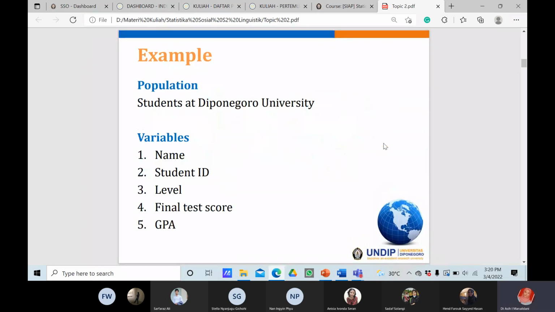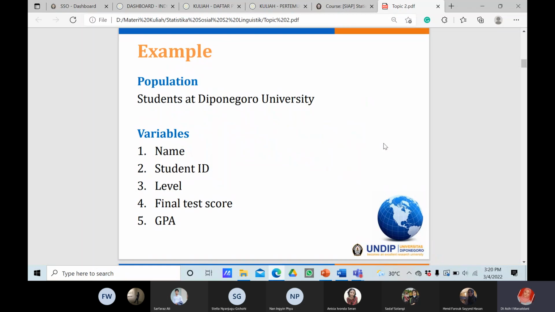For example, we have a population consisting of all students at Diponegoro University. I think the number of students at Undip is maybe more than 50,000.